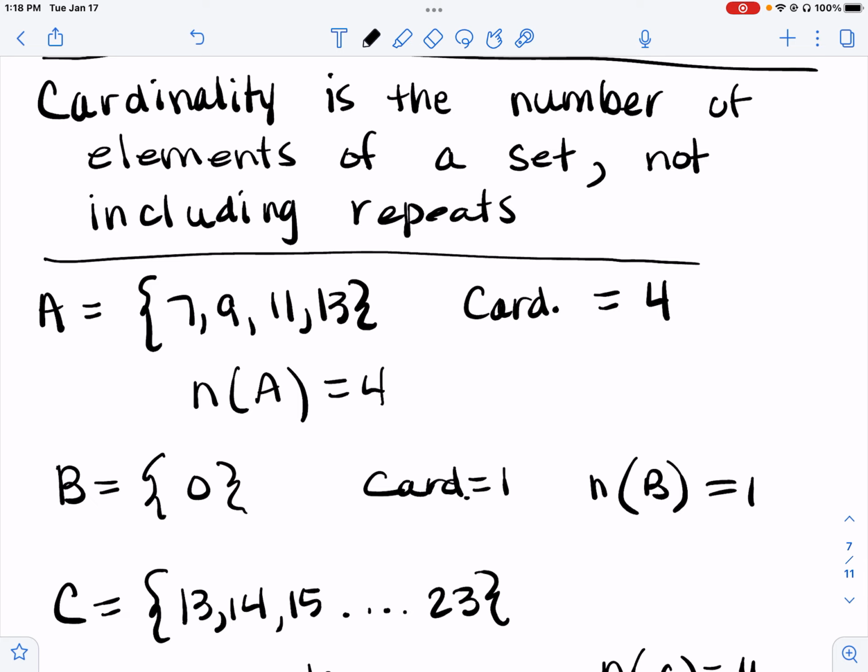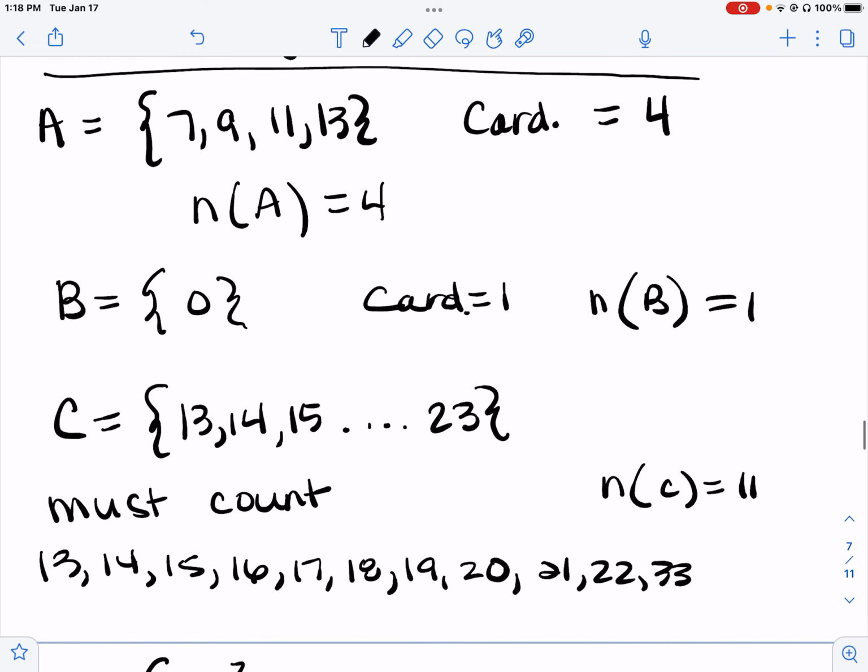Cardinality is the number of elements of a set, not including repeats. Okay, so A has 4 things. Its cardinality is 4. So we also can write in parentheses n of A equals 4. That means the number of elements in A. Okay, what about B is just the number 0. Its cardinality is 1.